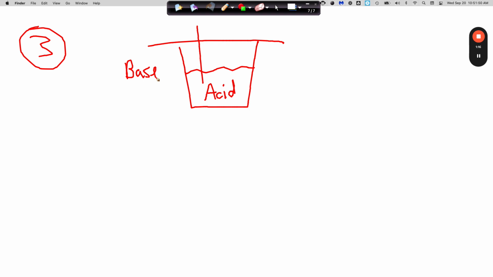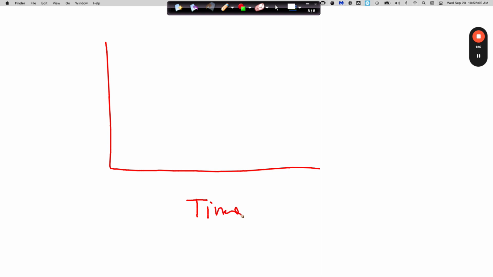Guys, check this out. Draw this with me. This is brilliant. I'm going to get rid of the calorimeter so we have more room. Guys, draw a graph. Your x-axis is time. And this is temperature. Now guys, pay close attention.